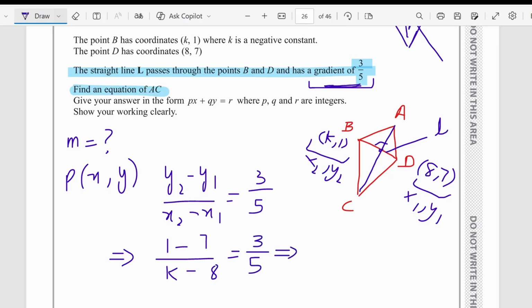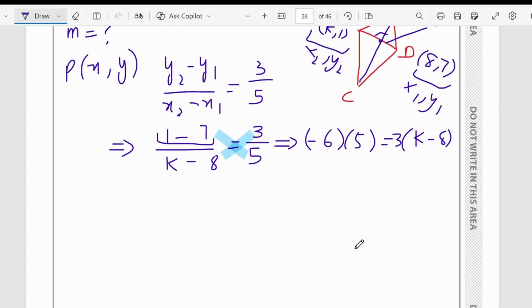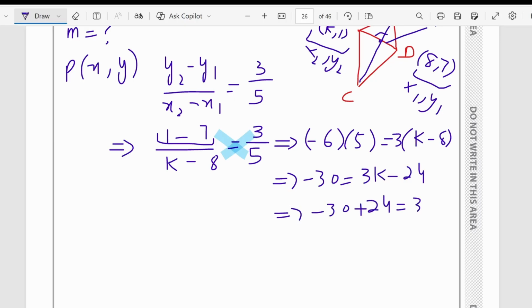If we cross multiply, 5 will multiply on the other side and 3 will multiply with k minus 8. To simplify, this part becomes minus 6, and times 5 equals 3 times k minus 8. Simplifying further, we get minus 30 equals 3k minus 24. So minus 30 plus 24 equals 3k, and we get k equals minus 6 over 3, which is negative 2. So k is equal to negative 2.